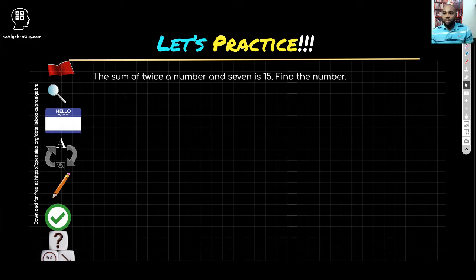All right, similar problem. The sum of twice a number and 7 is 15. Find the number. So I'm going to let that number represent X. The sum of a number, the sum, we're dealing with plus, right?